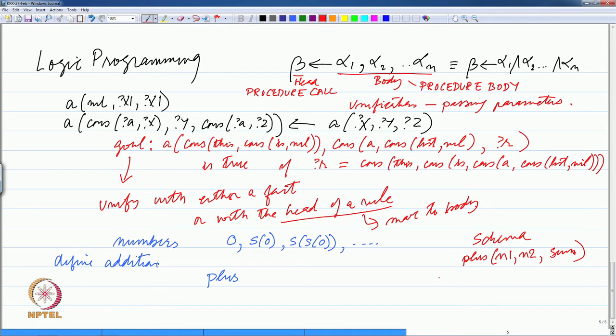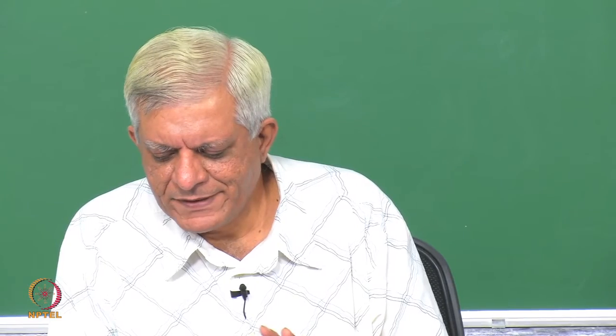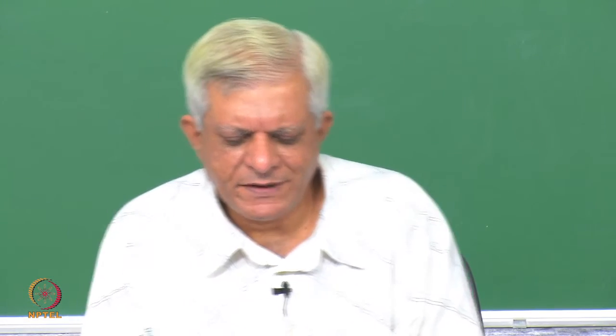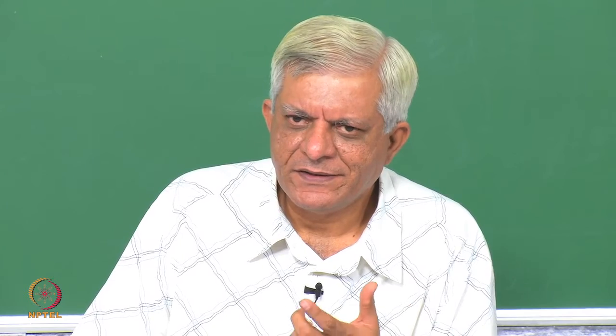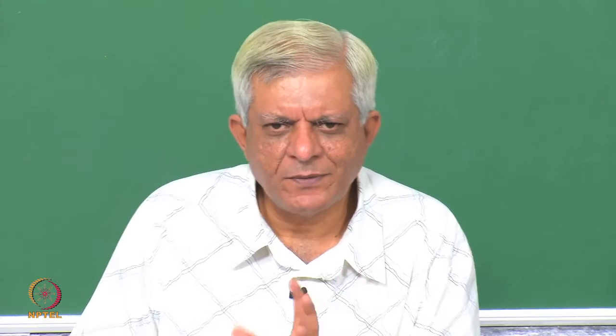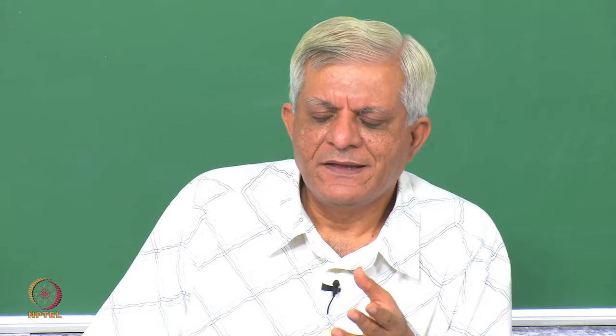If the 3 inputs are numbers which satisfy our notion of what it means to add, then that formula is true. Remember that whenever we are talking about logic, we are talking about predicates and about when formulas are true. So, a formula like plus 2, 3, 5 is true, a formula like plus 3, 7, 10 is true, but a formula like plus 3, 4, 9 is not true. We are trying to separate the true formulas from the false formulas, and in the process we will define this notion of addition.